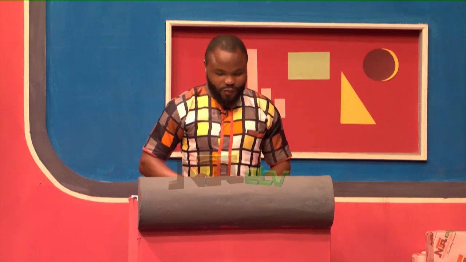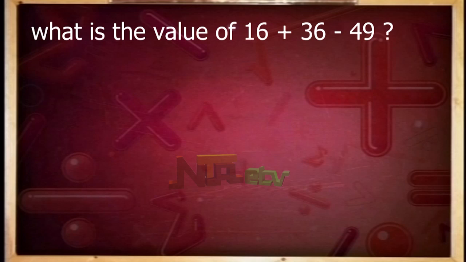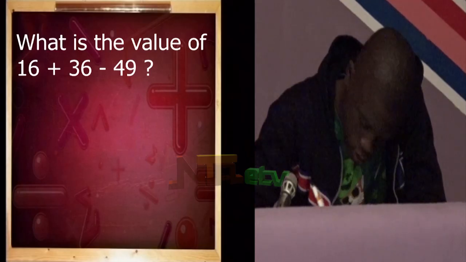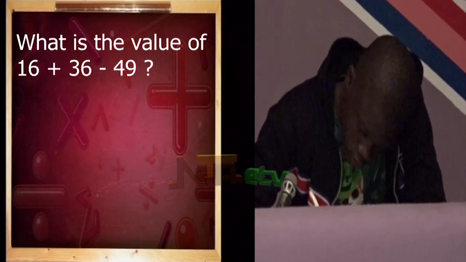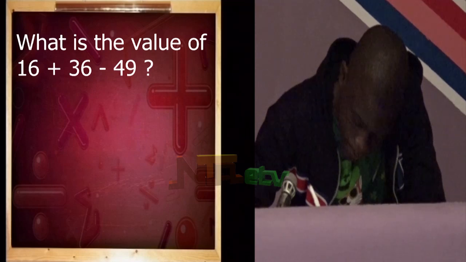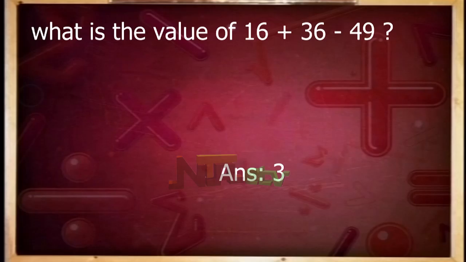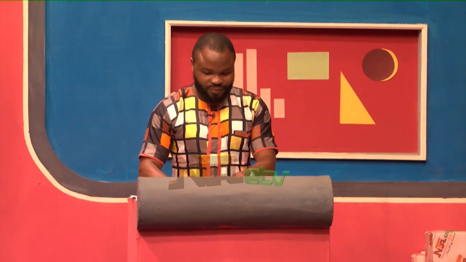Contestant D, your question. Question 8. What is the value of 16 plus 36 minus 49? Your time is up. A bonus question. Contestant B. 3. 3 is the right answer. Contestant A, your question.